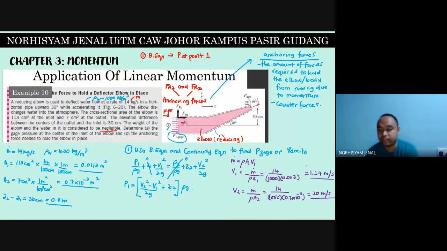All right, so we have the number here. So what we do is we put in a number in the calculation. So 20 square minus 1.24 square, okay, and then plus Z2 is 0.3 and then multiply by rho 1000 times 9.81. Okay, so that is for P1.